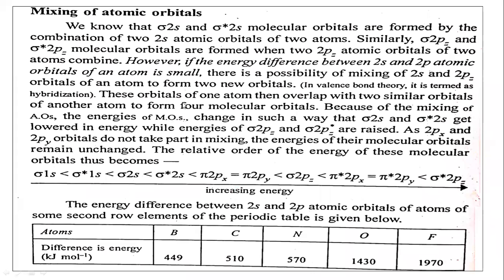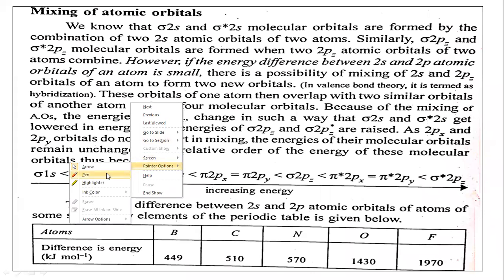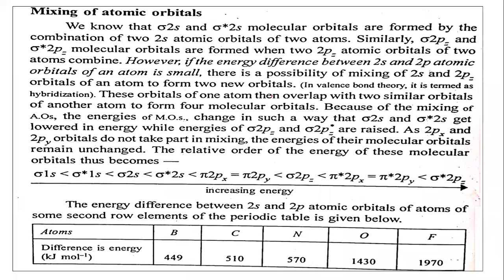We know that sigma 2s and sigma star 2s molecular orbitals are formed by the combination of two 2s atomic orbitals of the two atoms. It means when the two 2s atomic orbitals overlap, suppose the 2s atomic orbital of boron overlaps with the 2s atomic orbital of boron, there is a formation of sigma 2s and sigma star 2s, bonding and anti-bonding molecular orbitals.